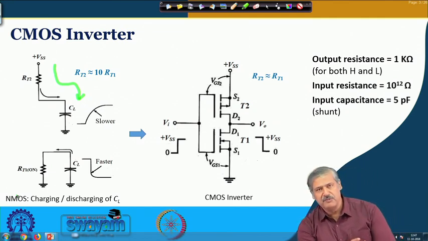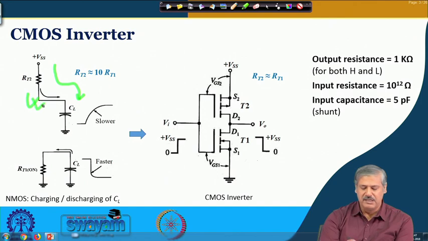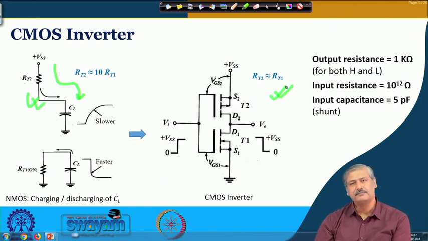So, from NMOS based logic inverter circuit, we have moved to CMOS based circuit, where the particular part is replaced by a PMOS. Okay. So, how does PMOS work?